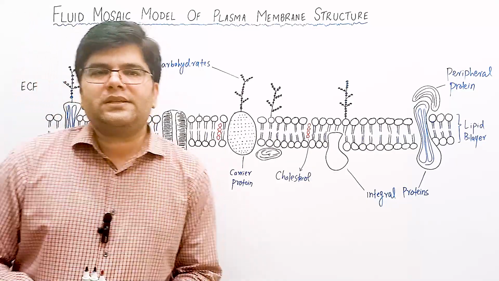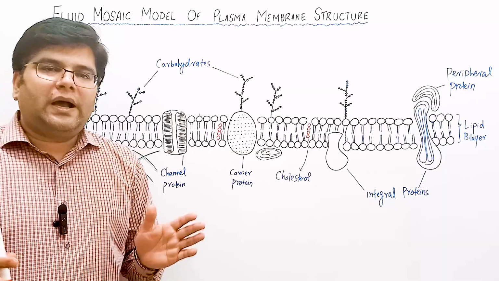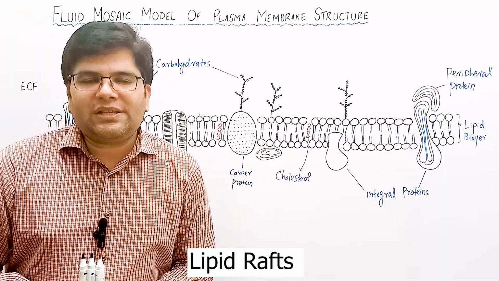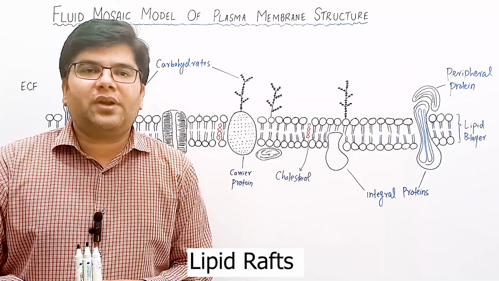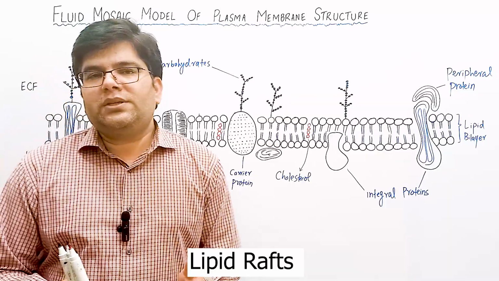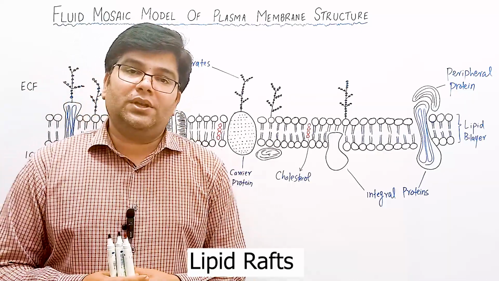Researchers have recently discovered some patches of cell membrane which are more specialized, highly packed and thicker in structure. These specialized patches of cell membrane are called lipid rafts. They have extra cholesterol, more sphingolipids, and an abundance of a specific type of protein.